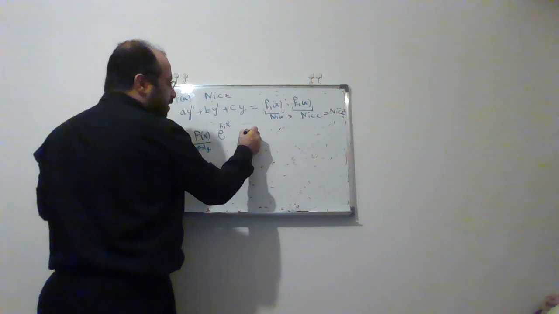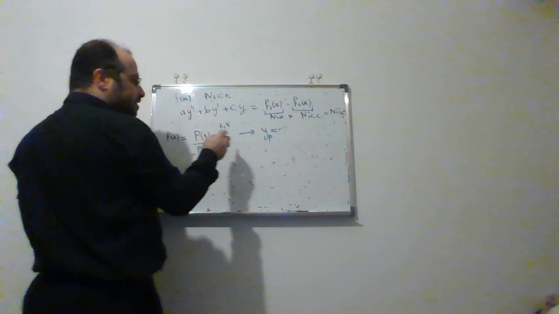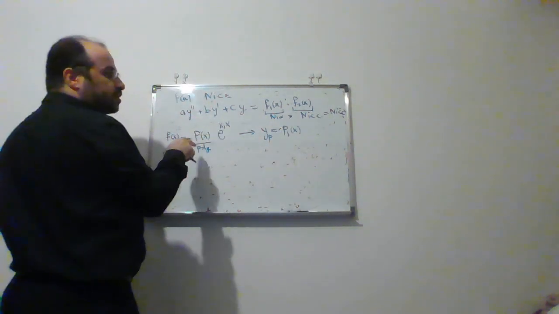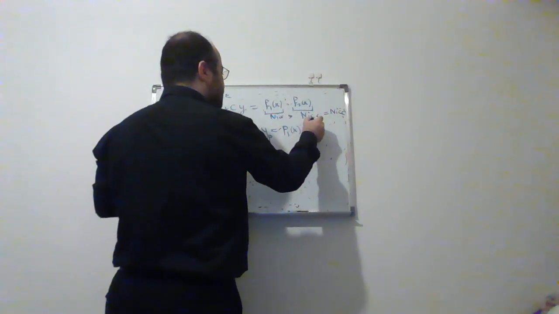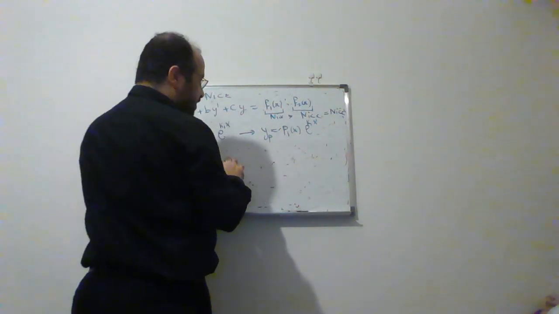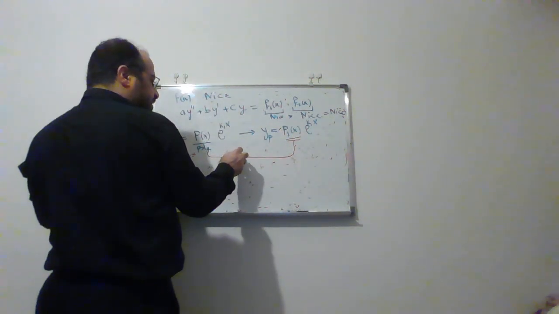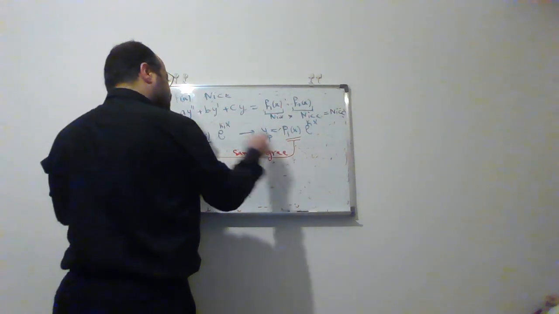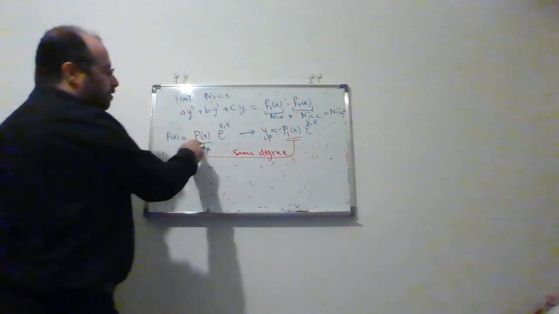Then if you want y particular, you go with p1 of x, a changed polynomial because the coefficients are changing, times e to the k1 x. This means you choose these two polynomials of the same degree. All coefficients in this one are unknown, but the coefficients here are known.